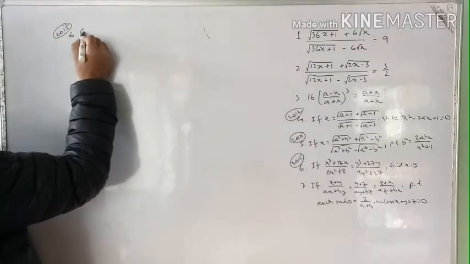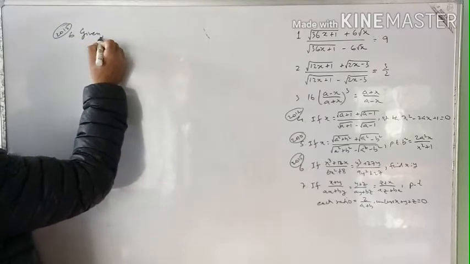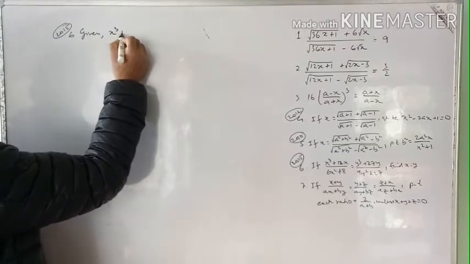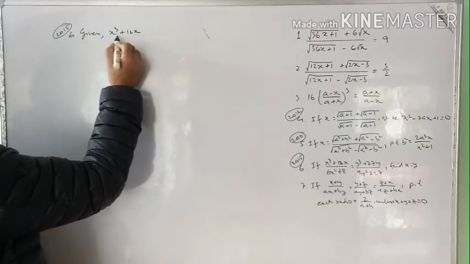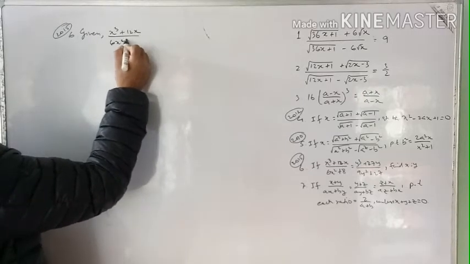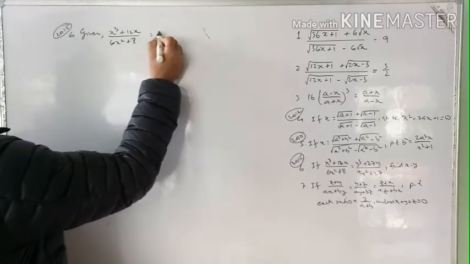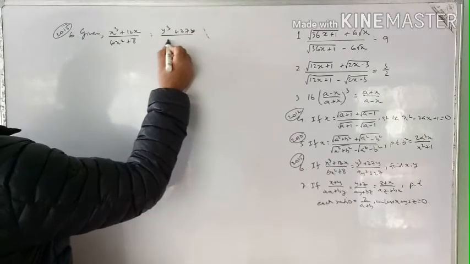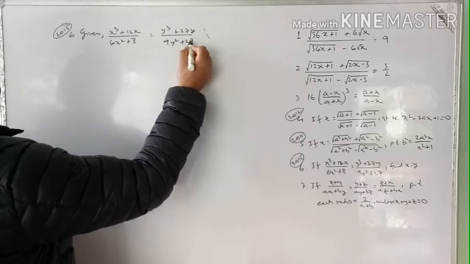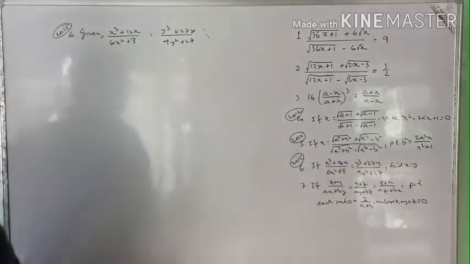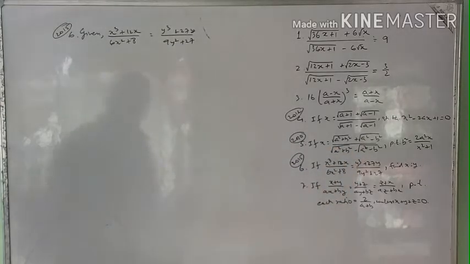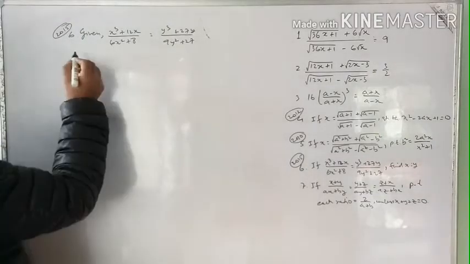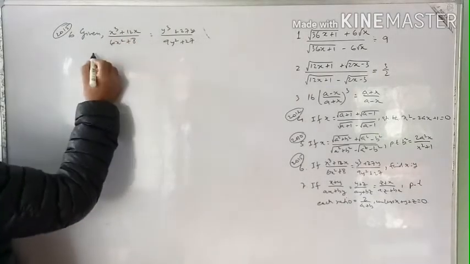So given x cube plus 12x by 6x square plus 8 is equal to y cube plus 27y upon 9y square plus 27. So we have to find the ratio x is to y. So here now you can use componendo and dividendo.